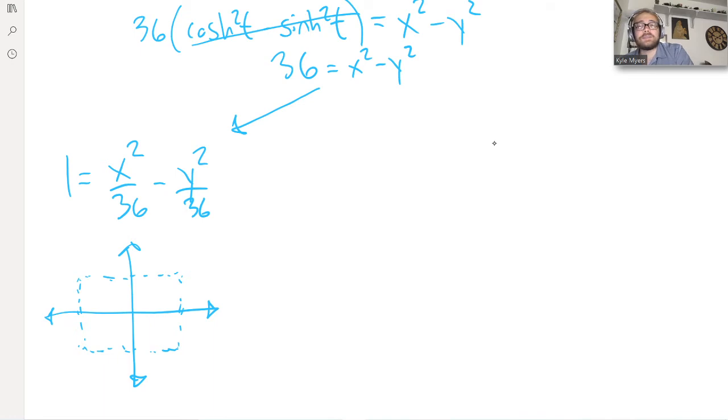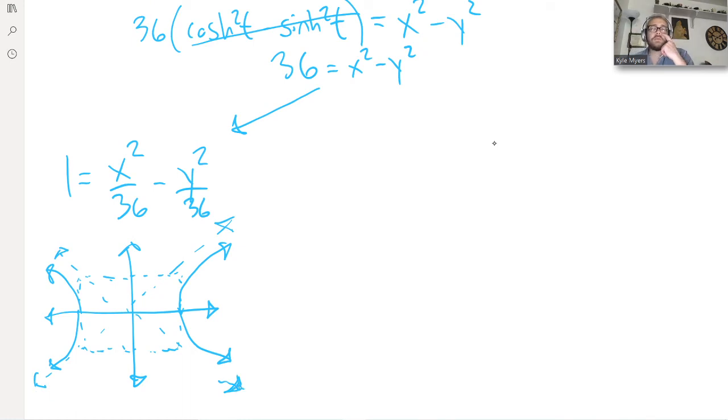Since x is first and x is positive, it opens to the left and to the right, with asymptotes that go like that. And there's our equation.